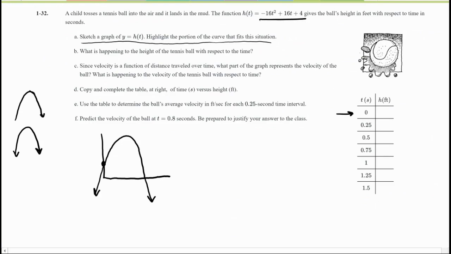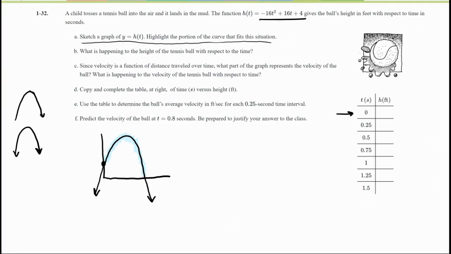But when it says to highlight the portion of the curve that fits the situation, in this case we start at 0 seconds, and then when it hits the ground, it's not going through the ground, it's stopping in the mud. So everything that I just highlighted here in light blue is the actual piece of the graph we'll deal with.